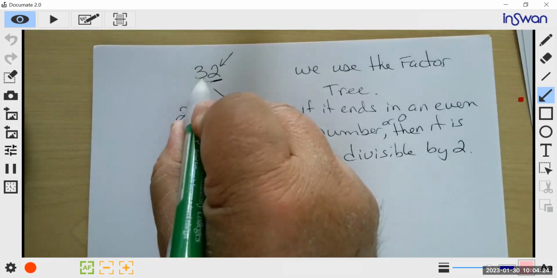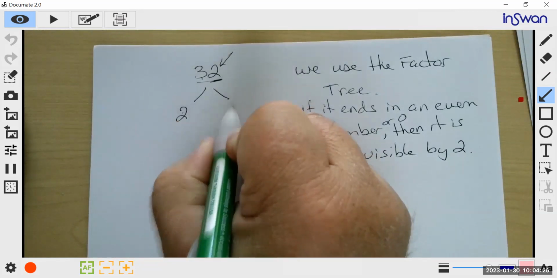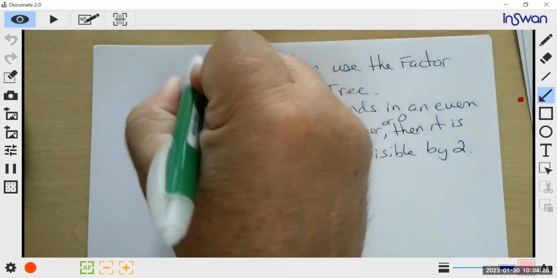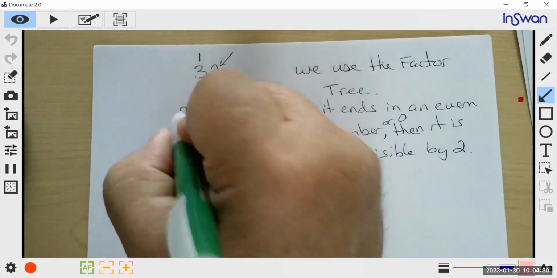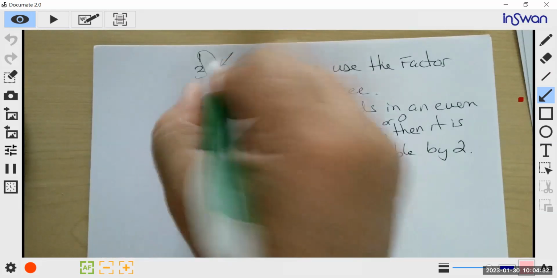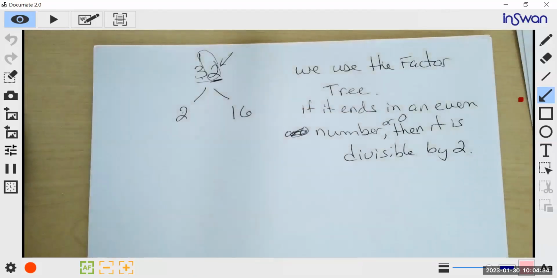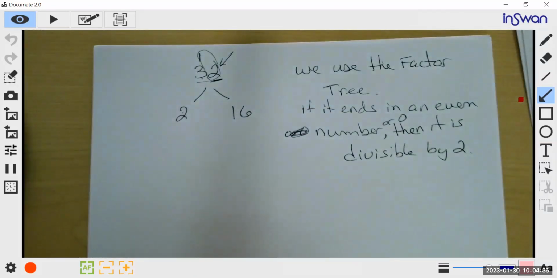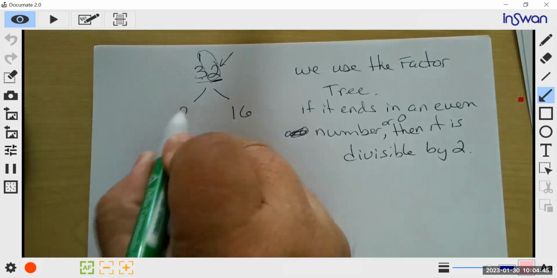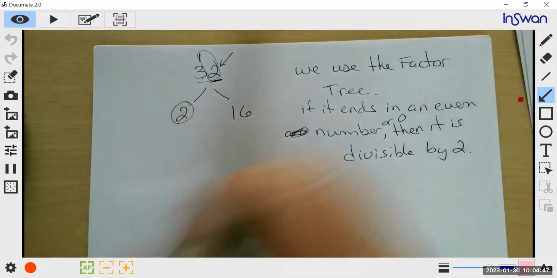2 goes into 3 how many times? Once, with 1 left over. So 2 goes into 12 6 times. Again, it's the multiplication table that's going to get you. So 2 is a prime number, can't go any further. 16.